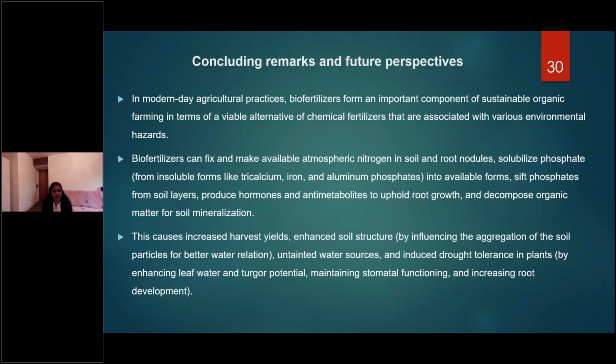Biofertilizers can fix and make available atmospheric nitrogen in soil and root nodules, solubilize phosphate into an available form, produce hormones and antibiotics to uphold root growth, and decompose organic matter for soil mineralization. This causes increased harvest yields, enhanced soil structure, and induced drought tolerance in plants, enhancing leaf water potential, maintaining stomatal functioning, and increasing root development.